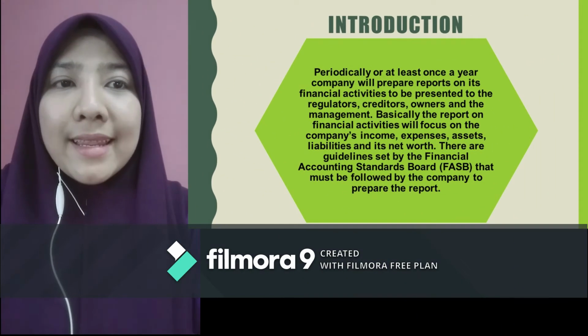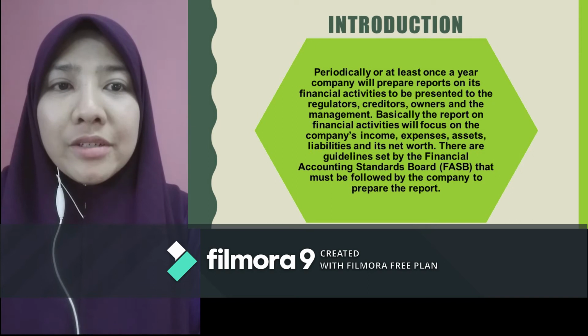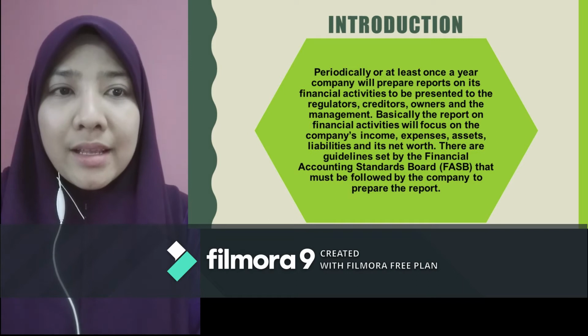Periodically, or at least once a year, a company will prepare reports on its financial activities to be presented to the regulator, owner, and the management. Basically, the report on financial activity will focus on the company's income, expenses, assets, liabilities, and its net worth.